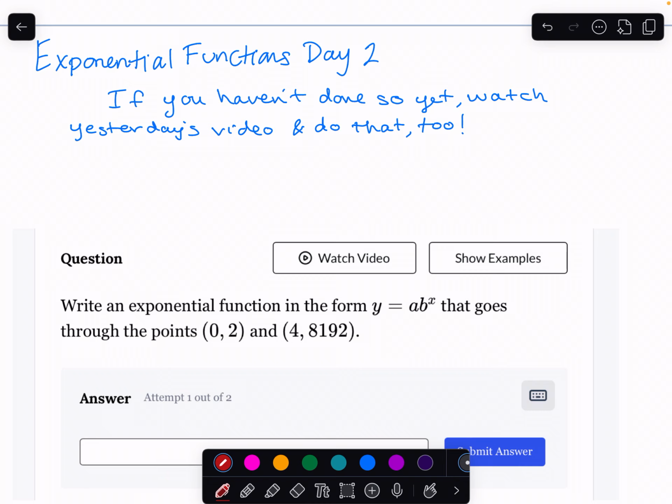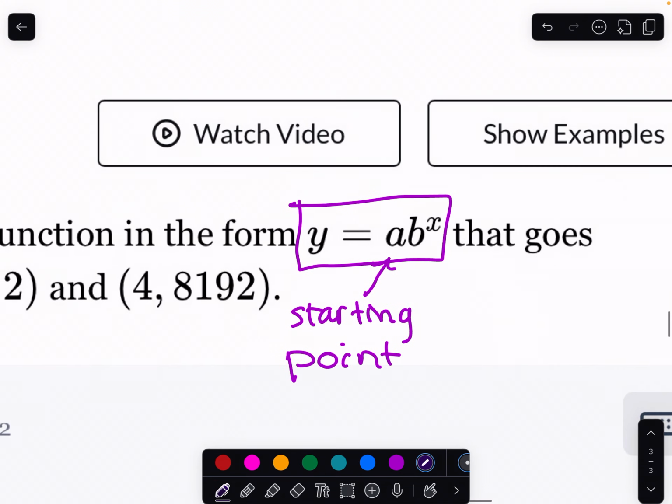All right, so today's video, we are going to continue what we talked about with exponential functions. And exponential functions are in this form. Let me remind you of what each of them are. This is the starting point. Let me zoom in. That's the starting point. The b is the multiplier, which is specific to exponential growth or decay.